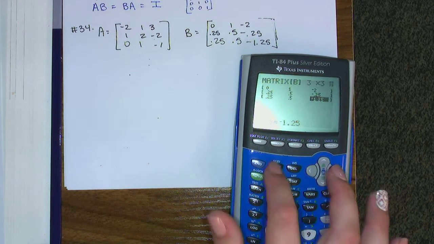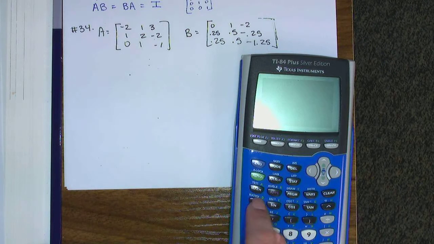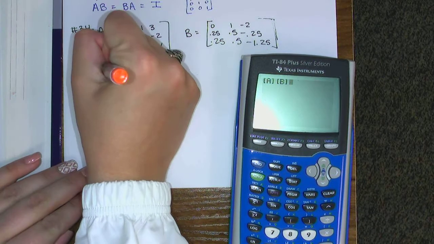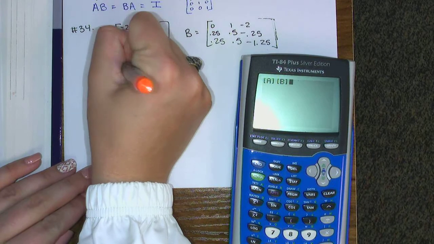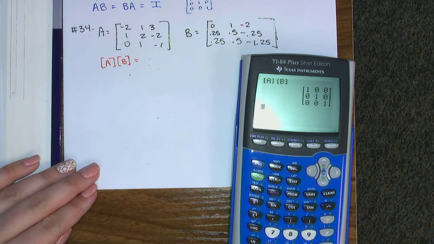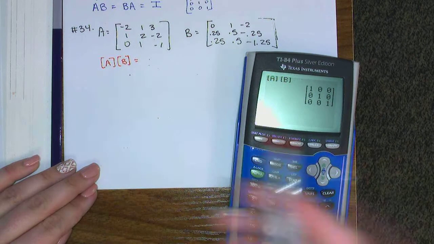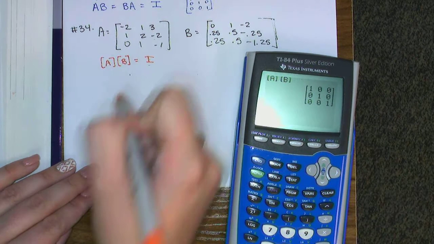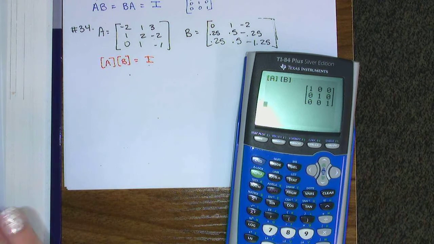Alright, so then you're going to go second matrix, and we're going to do A times B first. All I would want you to show on your paper basically is that you are checking it. This gave you the identity matrix, so you would say that that's equal to I, and then I'd want you to verify it the other way.